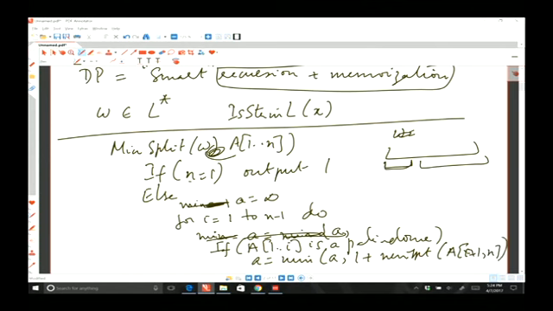It's a long code, but you see the idea: I try all possible ways of taking a prefix which is a palindrome, and split the rest optimally. Since I don't know, I try all possibilities, 1 to i, plus i from 1, 2, 3, up to n minus 1. Agreed?